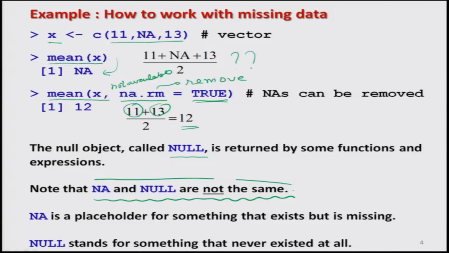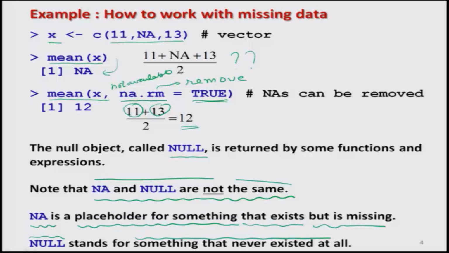The interpretation of NA is that it is a placeholder for something that was expected to exist, but somehow it is missing. Whereas, when we write NULL, this means something which never existed, that was not available right from the beginning. So, there is a difference between missingness and not available. The same difference between NA and NULL also continues further.